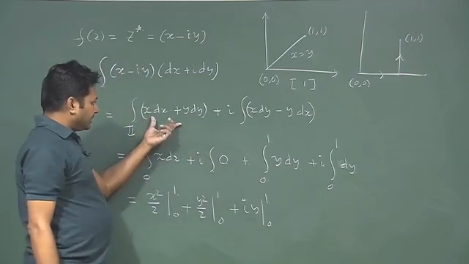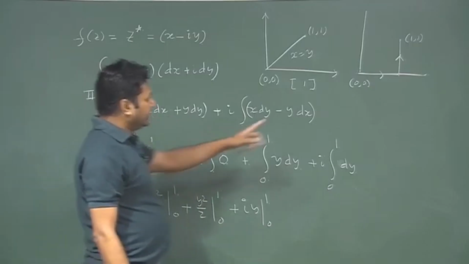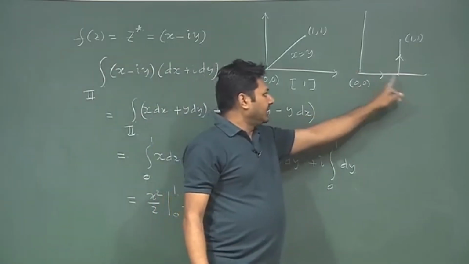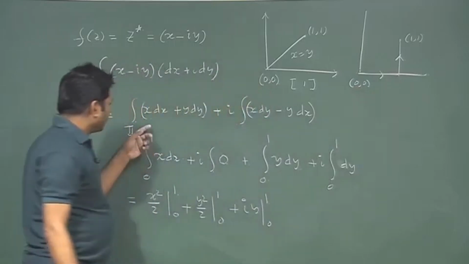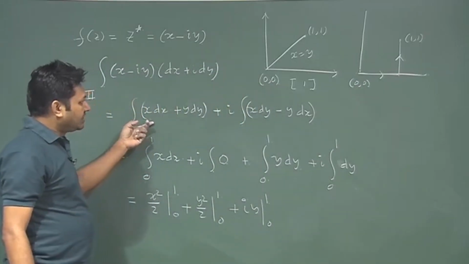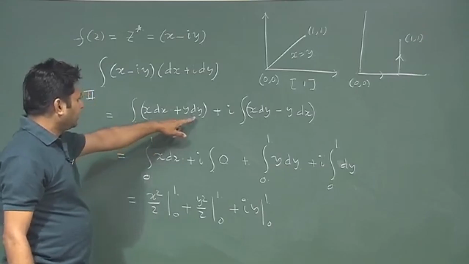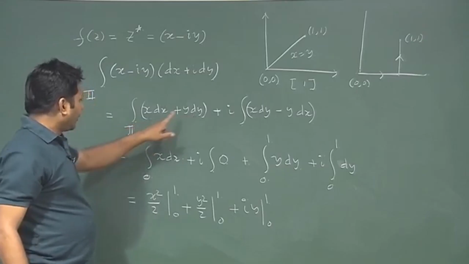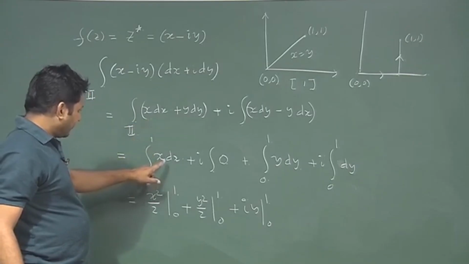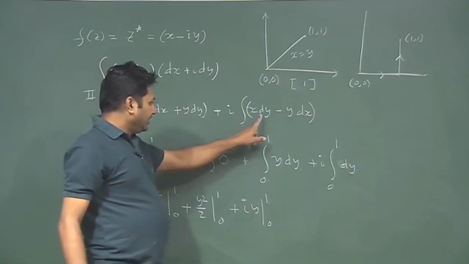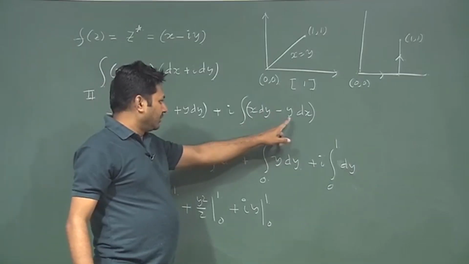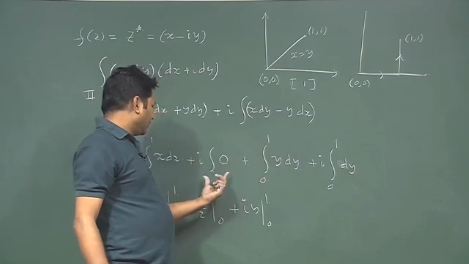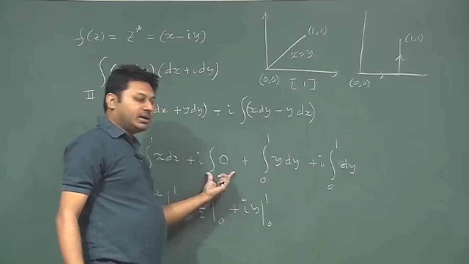In the first part, there is no change in dy. So, dy is 0 and only x is changing. So, that is why I have these things. Here dy is 0 and y is also 0. So, this quantity also should not have any contribution here.